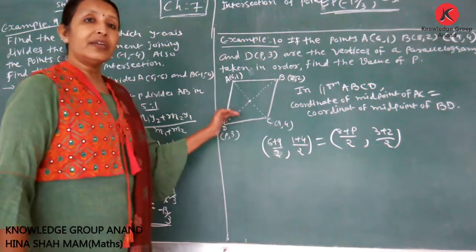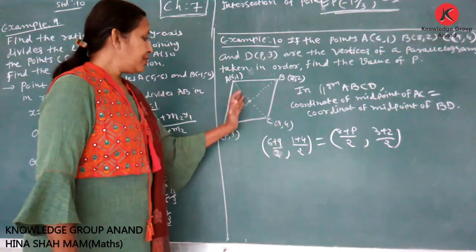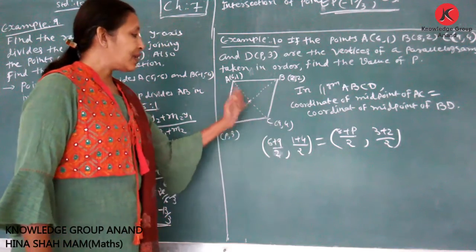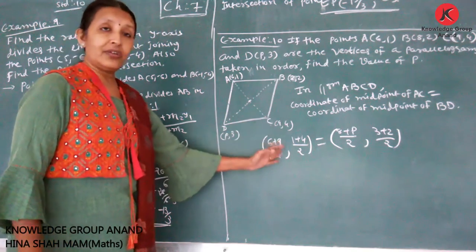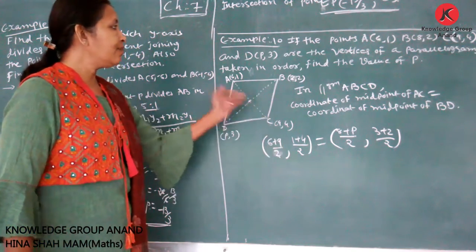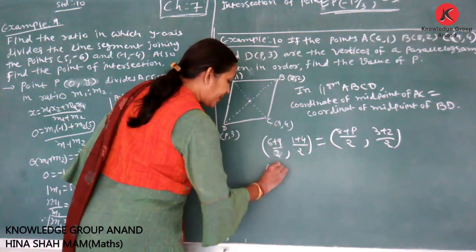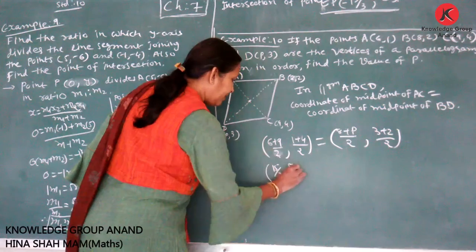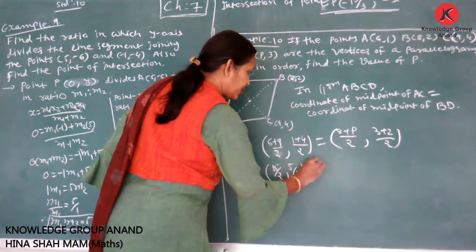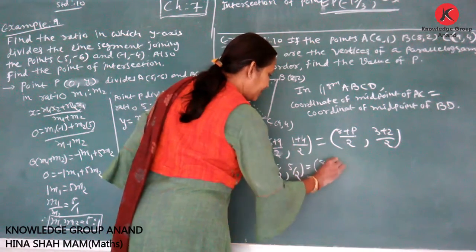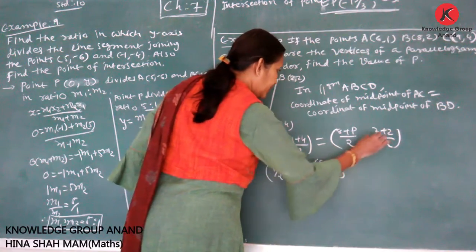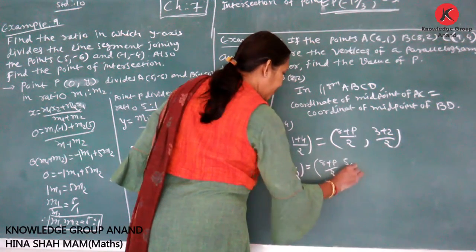You can draw the figure, then find the midpoint of AC easily: 6 plus 9, 15 by 2, and 5 by 2, equal to (8 plus p) divided by 2 and (3 plus 2), 5 by 2.